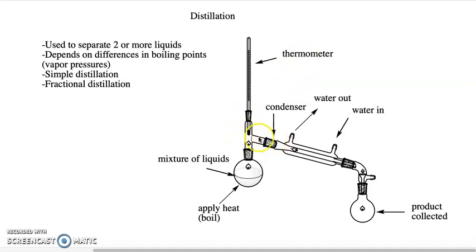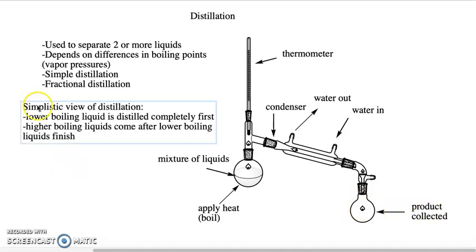Then it reaches this region over here, which is the condenser, this long piece of glassware. In the condenser, we're putting cold water in and it flows out to the sink. Sometimes it's recirculated, but usually water in and then water out to waste. This cold water cools our vapor that we made by heating it back to liquid. And the liquid, you can see this is slanted, it drips down into our product collection flask.